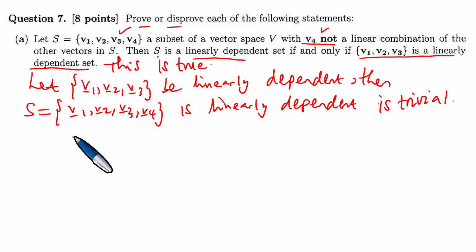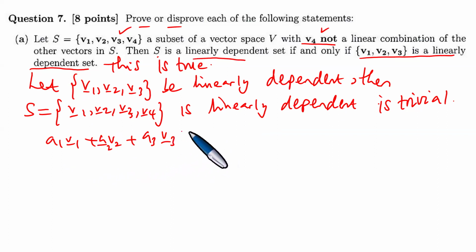So now what you need to do is to say that if you start with these and you're saying linearly dependent, so you write A1 V1, A2 V2, A3 V3. Right. So you have A1 V1, A2 V2, A3 V3.